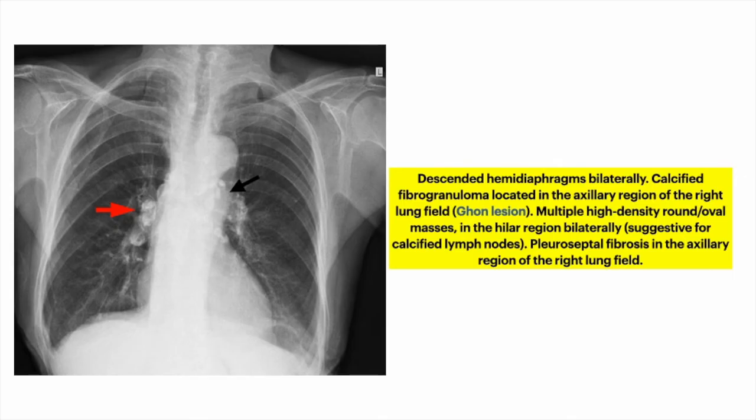In this case, we are seeing a sample of the tuberculoma or the Ghon lesion, which is marked with a red arrow, and multiple left and right bilateral nodules, more visible on the left side. These are round or oval masses suggestive of calcified nodules, which are marked with a black arrow.